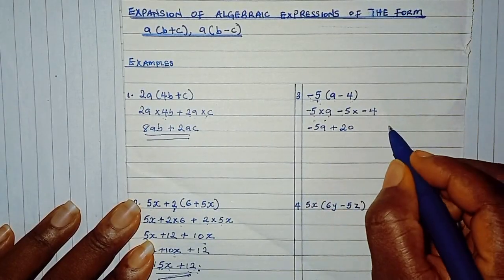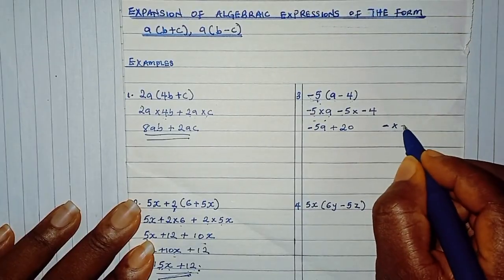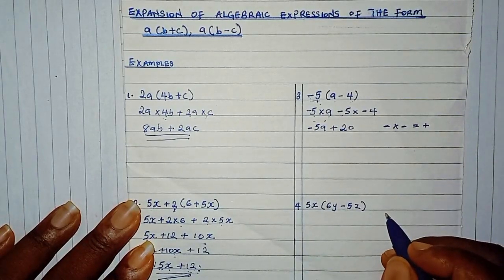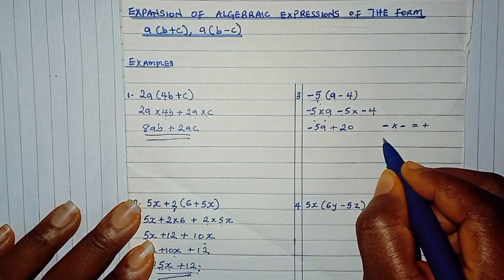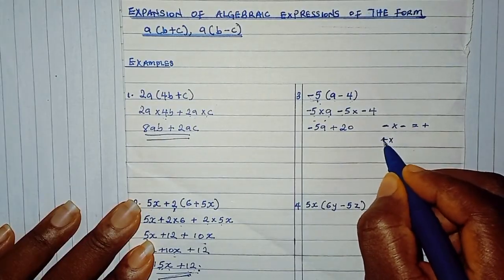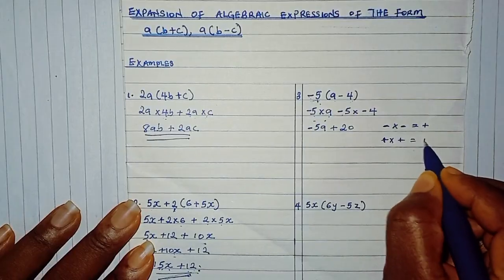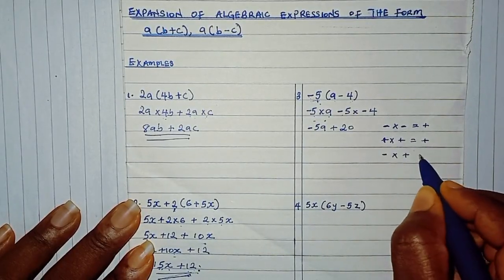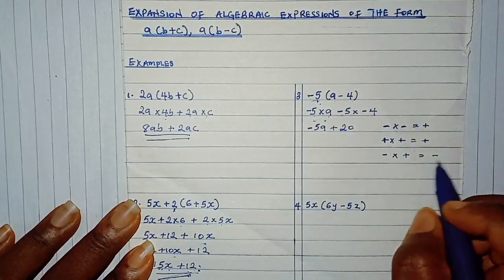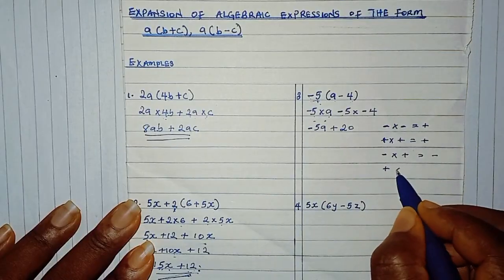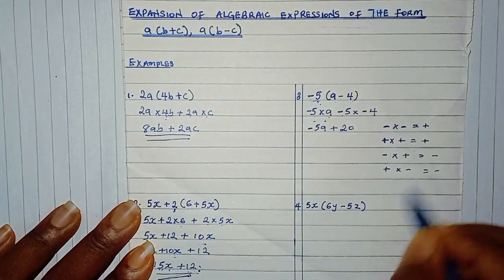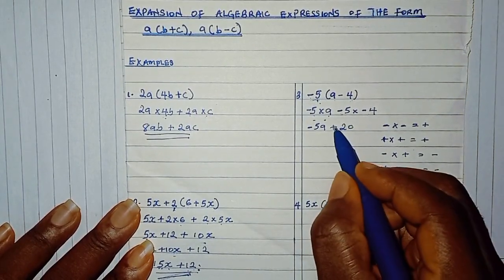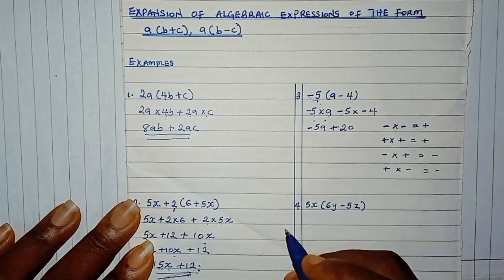The reason is because minus times minus will give us plus. Same thing as plus times plus will give us plus. Then minus times plus will give us minus. Plus times minus will give us minus. So here we have minus times minus, and we're having this sign here.